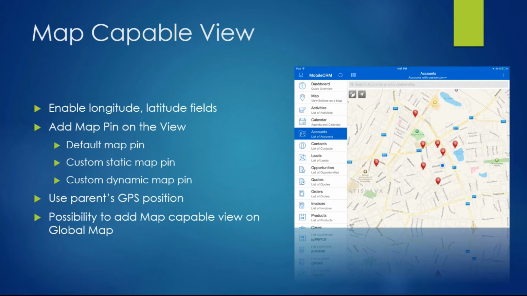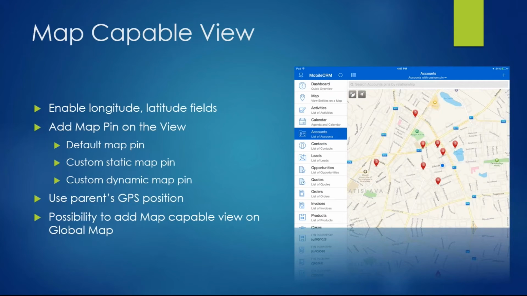Then there is a possibility to set up a custom static map pin. So each record on the view will have the same pin. And also there is a possibility to have a custom dynamic map pin that, as I said, will be changed according to its data. It is also possible to use the parent's GPS position.